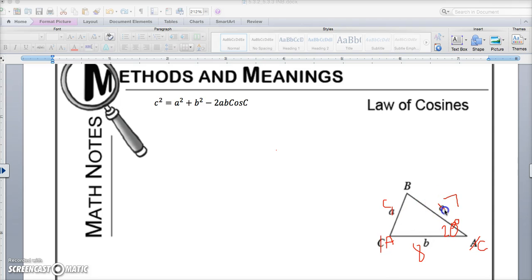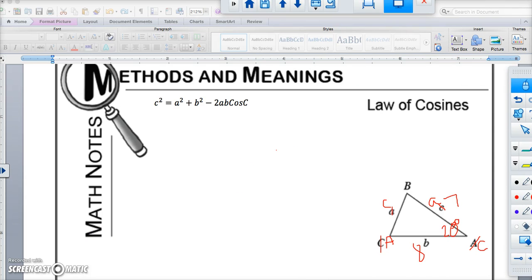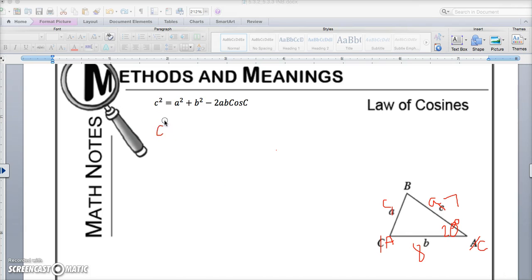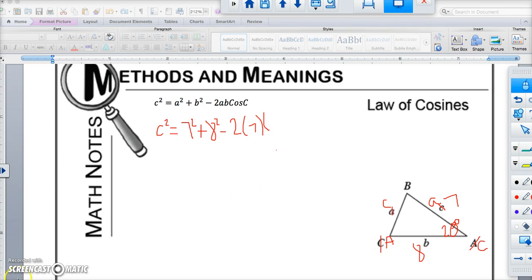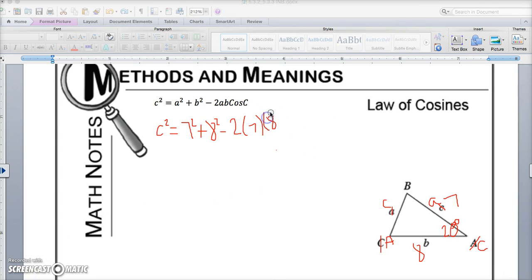I'm going to make this one A and this one A. I'm going to make that C and C. So now we can plug it into the formula where c squared is what we're looking for equals, alright, a squared, that's 7 squared, plus b squared is 8 squared, minus 2 times 7 times 8 cosine 20.